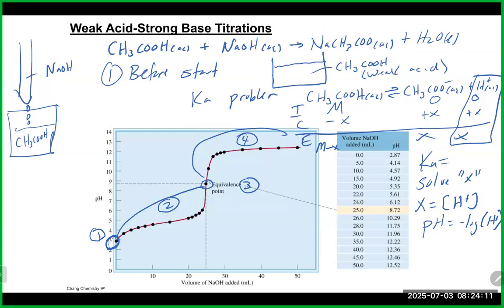So in this case, when we start our titration, we will need obviously a reaction to occur between our acid and our base, which is what we have written up there on top. So let's take a look at what happens in that second region.